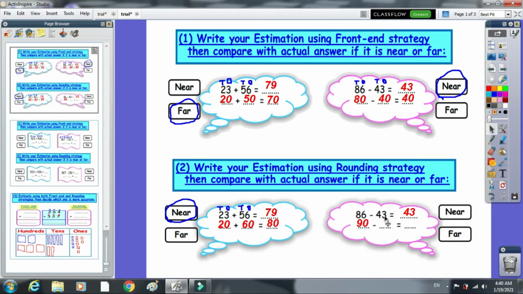And 43 will be rounded down to be 40 because 3 is a weak number, so the tens will be as it is, 4 tens or 40. And now it's so easy to say that 90 minus 40 equals 50. And if we compare the 50 and the 43, they are far from each other, and my estimated difference is so far from the actual, so here I will select they are far.